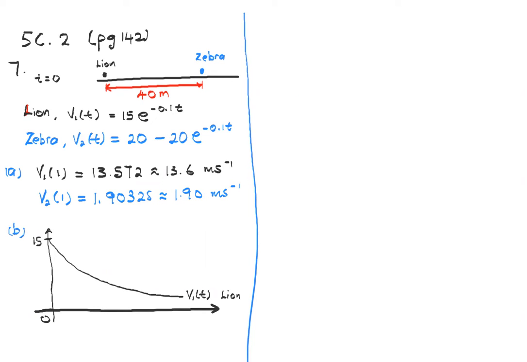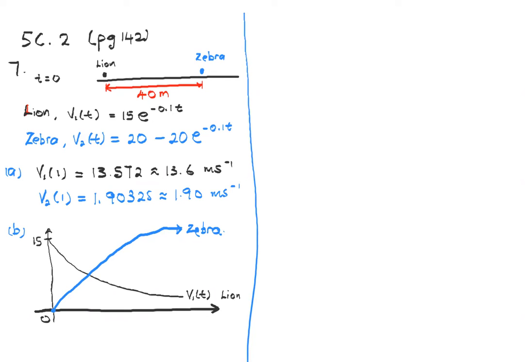Okay. So when you talk about the zebra, the graph starts from 0. Am I right? Then the graph goes like that. Okay, this is for the zebra. So the zebra starts with the velocity of 0. As time passes, the velocity of the zebra approaches 20 from below.